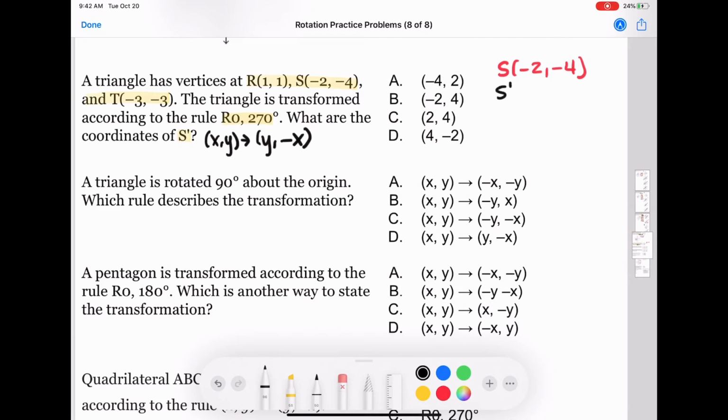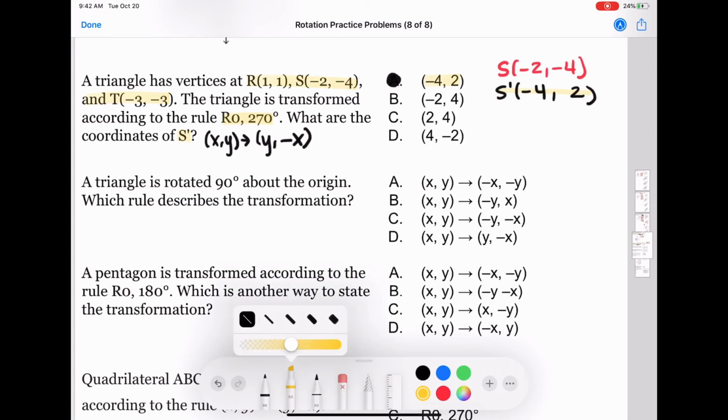So S', well, we would switch the x and y coordinates around, and then we would go ahead and negate just the x. And so we get that the answer is A, because A matches the coordinates after that rotation rule.